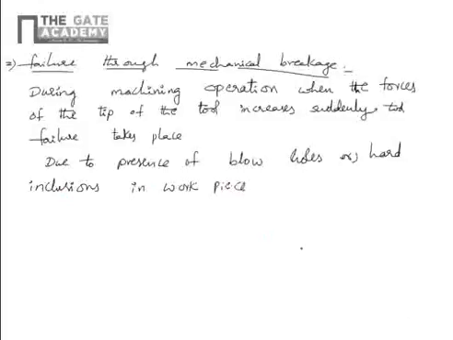For example, I am machining a casting component, a cast iron component. There is a blowhole here. Machining from here to here, suddenly the force will increase, and whenever the blowhole comes, the force will decrease suddenly because there is no material to machine.